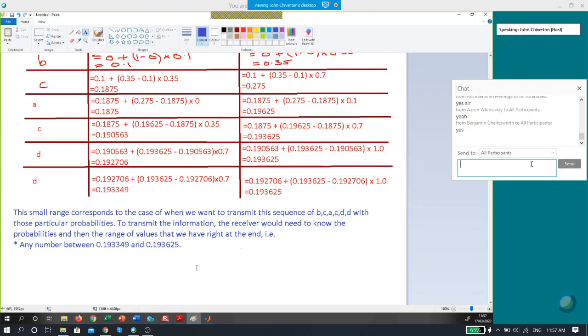But how can we do that? It doesn't seem to make sense on its own, does it? We've just got a floating point number. How do we get from that floating point number to bits or something we can actually transmit? So maybe that's something we can work out. Let's have a break, okay? I'm going to have my cup of tea.